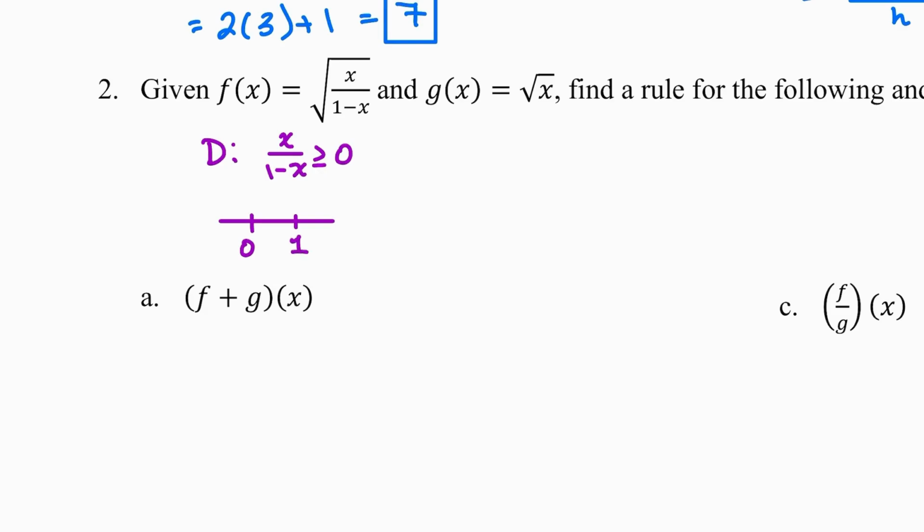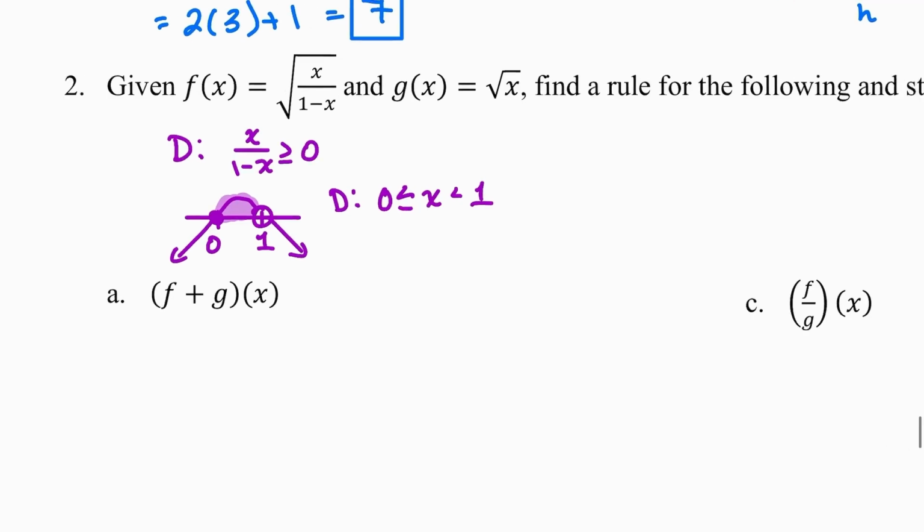Well, since we're square rooting, this fraction could be 0, so my value of x could be 0, but the denominator cannot be 0, so it can't be 1. And since we have a negative x leading coefficient, we start off on the bottom right. They're single roots, so it goes through each of them. So then the domain for this is greater than or equal to, so everything here. So that means the domain for our function f is simply 0 is less than or equal to x, which is strictly less than 1.